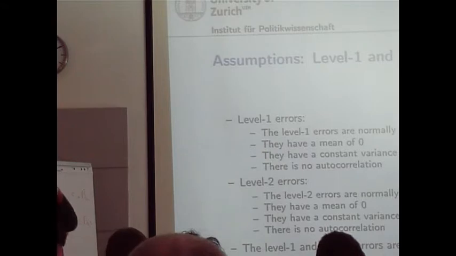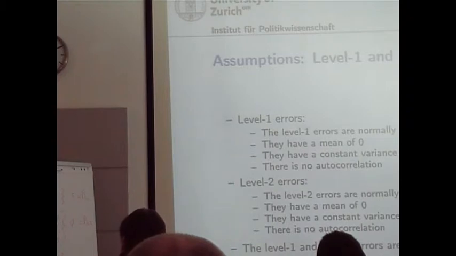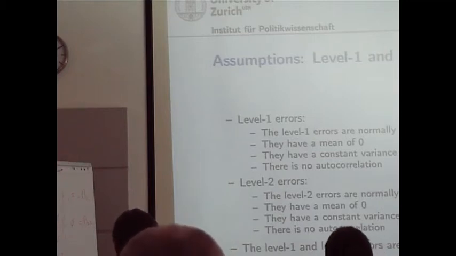One way to possibly deal with that, but you would have to do it in a different model than this really simple one, is to actually include measures. As we will see, if we have a way to measure something like that, then maybe we could say, conditionally on having that measure in the model, delta 0 for one state and delta 0 for another state are independent. But in this particular model, you're absolutely right, that would be a violation of the assumption.